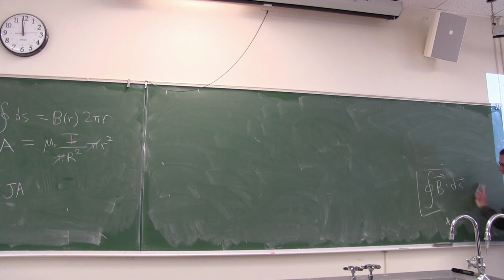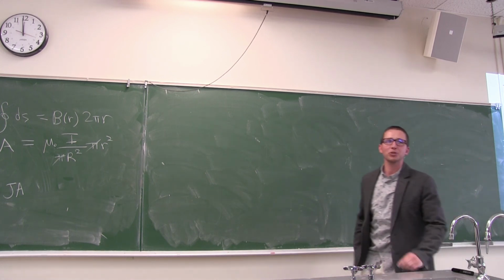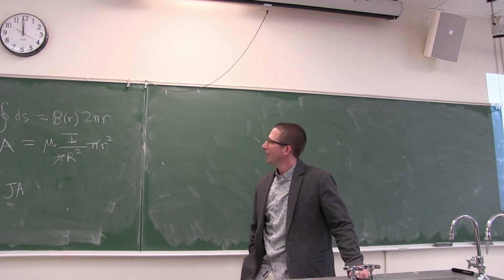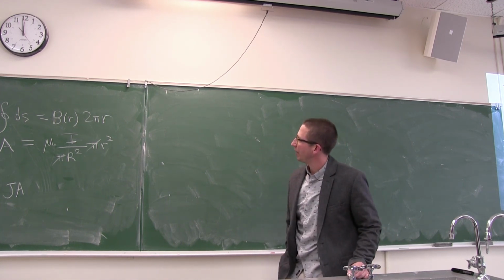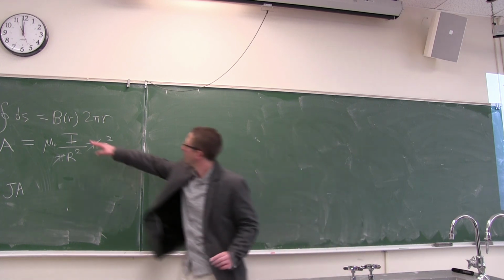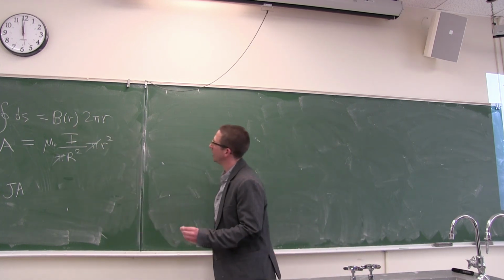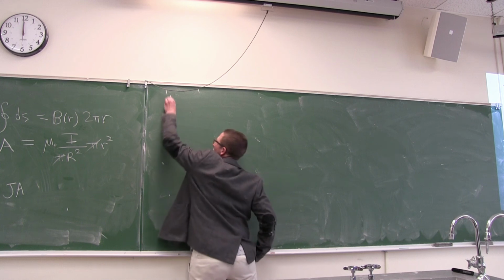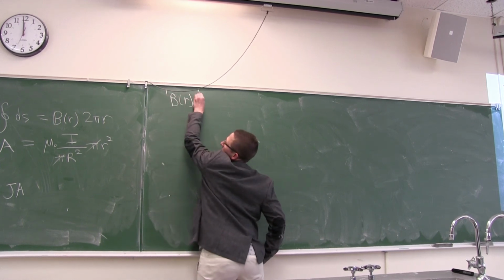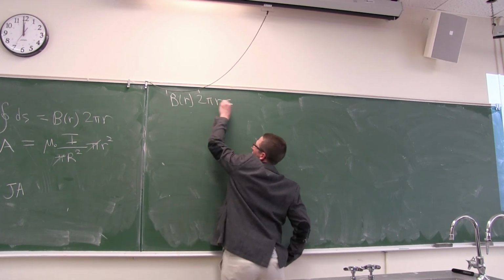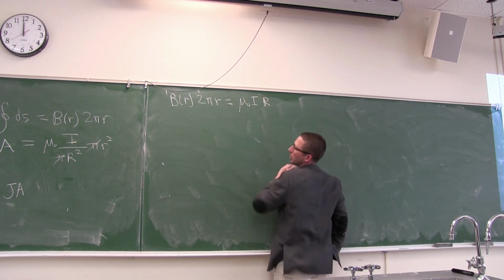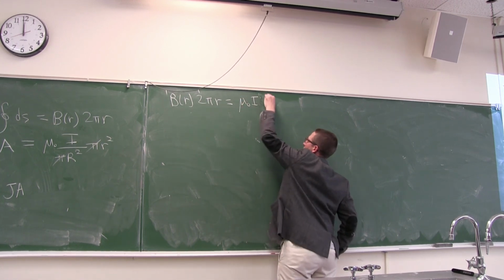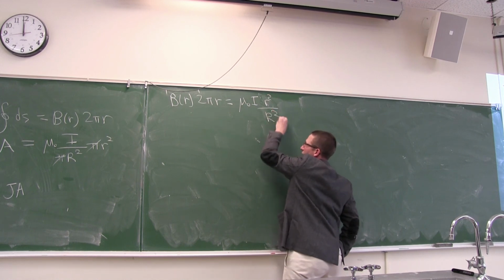So let's just hold tight for another minute, and we'll wrap this problem up. So solving for b, then, what I have is b as a function of r times 2 pi little r equals mu naught I little r squared over big R squared.